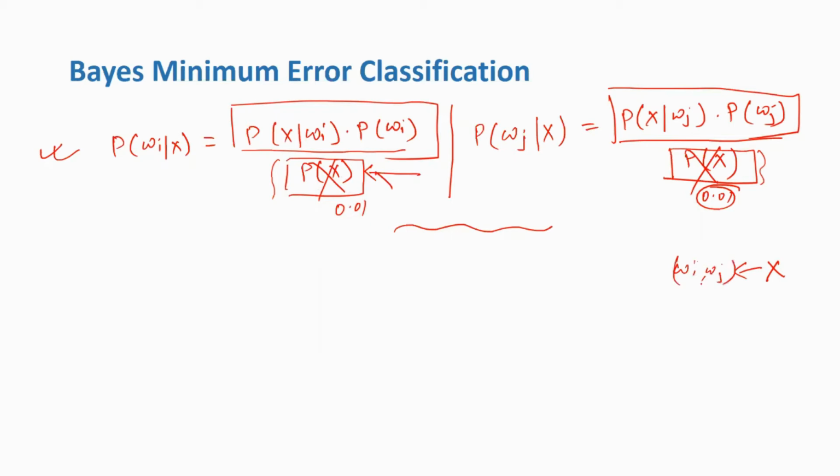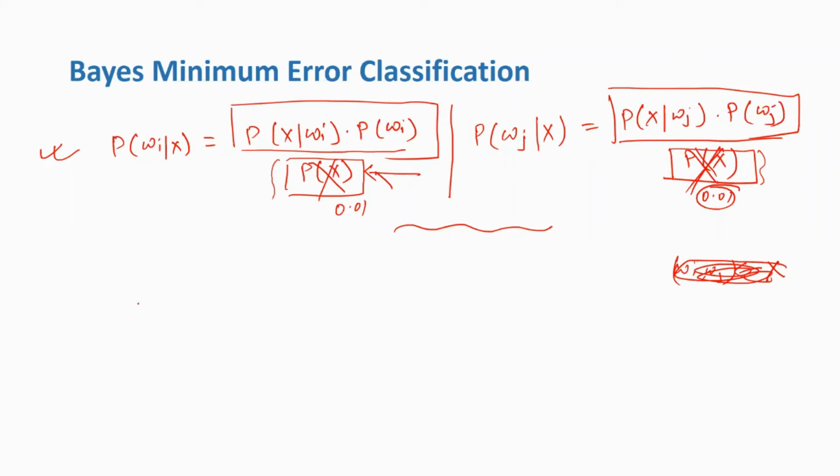We found the class conditional probabilities and are comparing them. While comparing, we can ignore the denominator part. That's fine. Is it fine, guys?